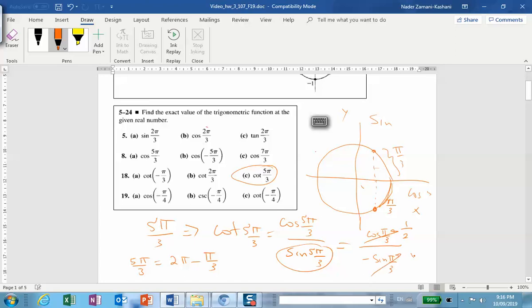Notice that there's a minus sign here. So the final answer is minus 1 over root 3, which I believe was the same as the other ones. I can't remember, I erased them, but anyway, this is the answer to the cotangent of 5 pi over 3. Let's do the last one.